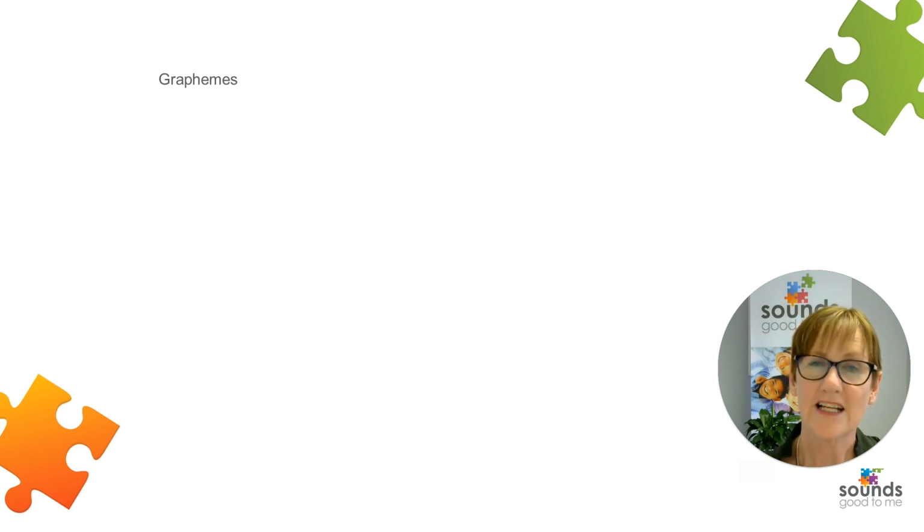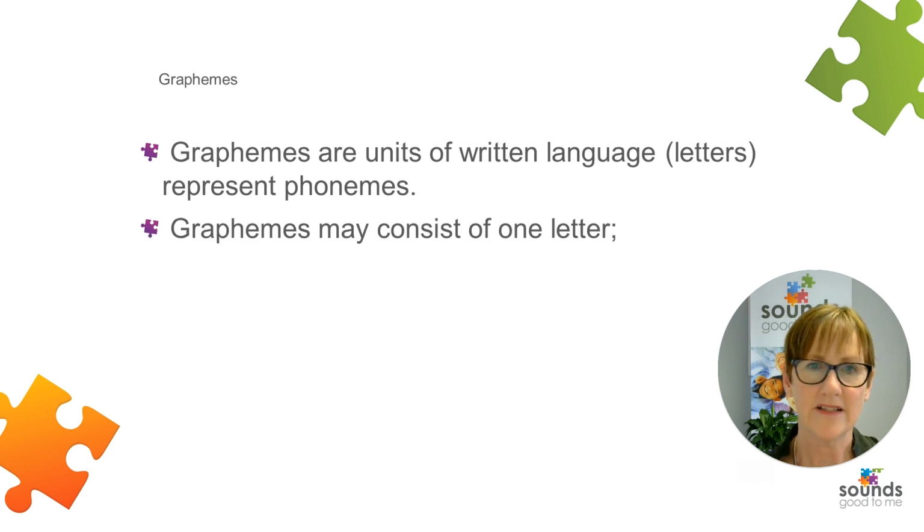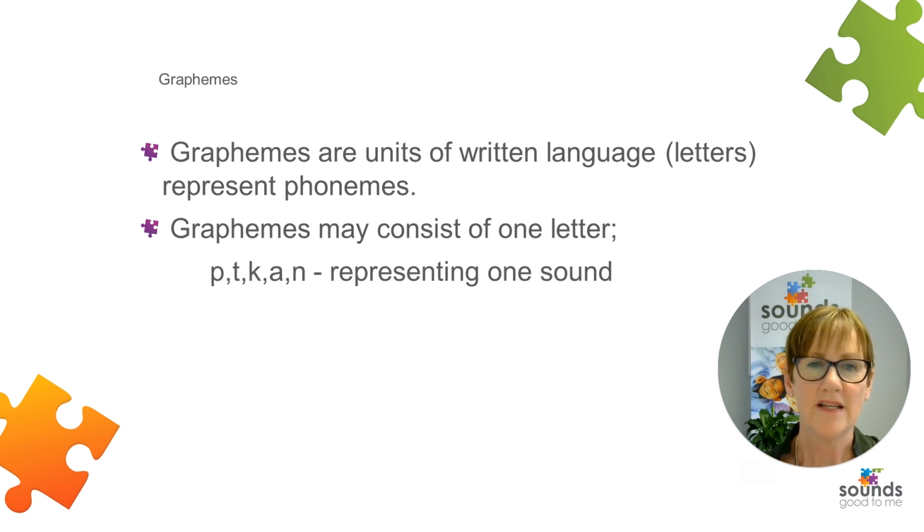The next definition I'd like to touch on in this lesson is graphemes. So graphemes are units of written language that represent phonemes. So graphemes are letters that represent sounds. Graphemes may consist of one letter, and here are some examples. P, t, k, a, n are all represented each by one letter. Or a grapheme can consist of multiple letters representing one sound.